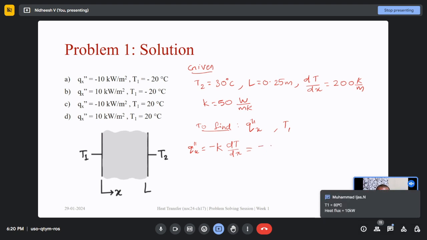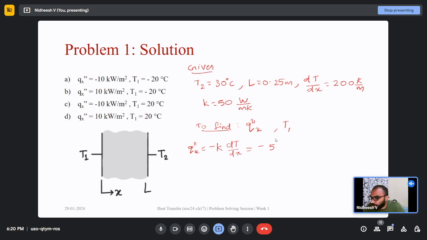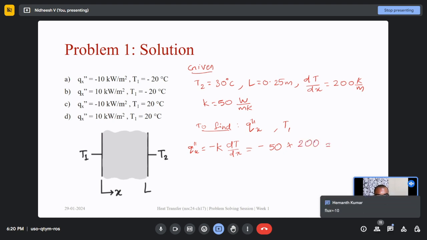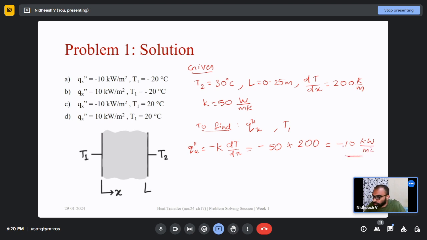We have the thermal conductivity value. Someone has given an answer, but check that answer, because be careful of the sign conventions. This is 50 watts per meter Kelvin into dT by dx, which was 200 Kelvin per meter, which would give us minus 10 kilowatt per meter square, right? I see some answers in the comments.